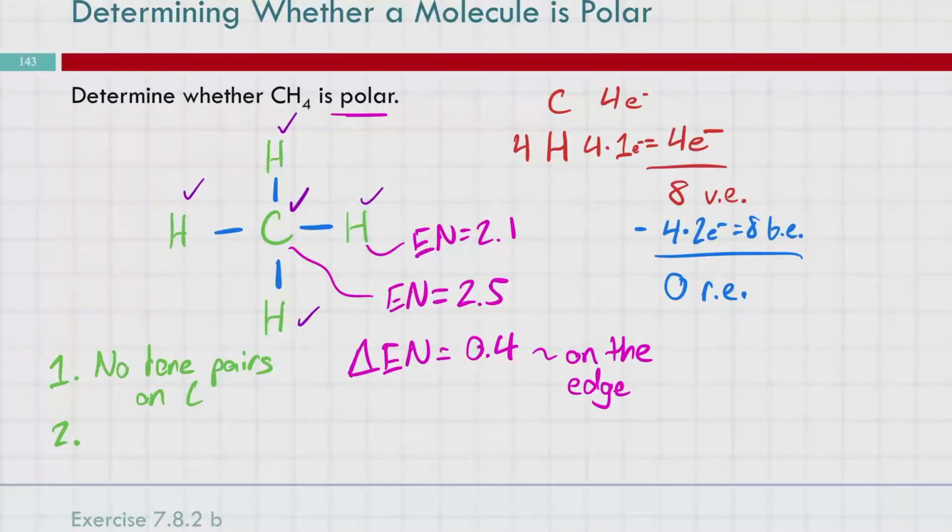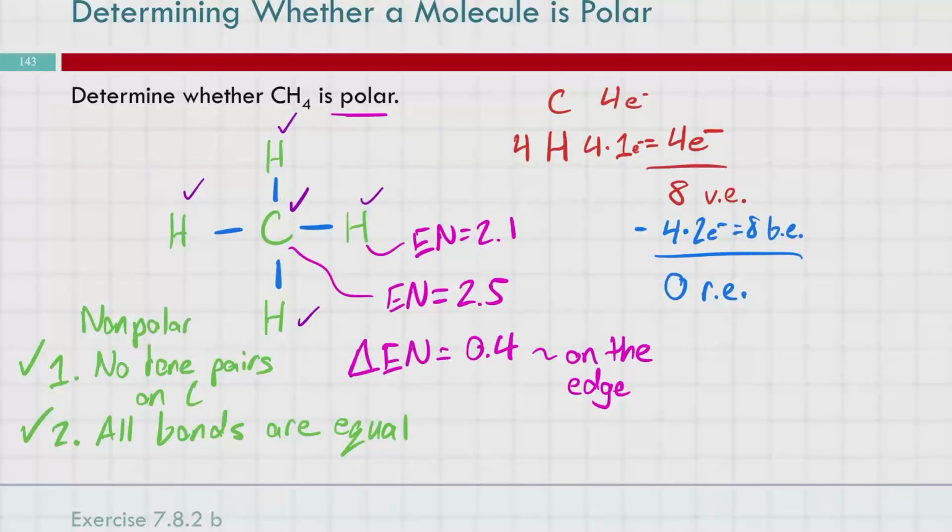Are all 4 of the bonds equivalent? They sure are. So all bonds are equal. In this case, they're exactly the same. So we've met both of our conditions for the Nonpolar Express. So this is nonpolar.